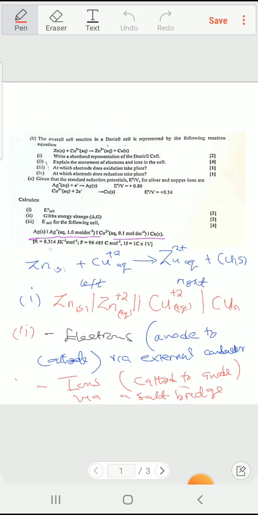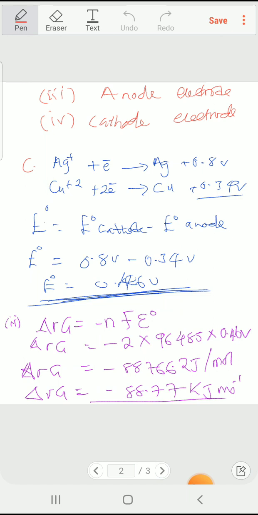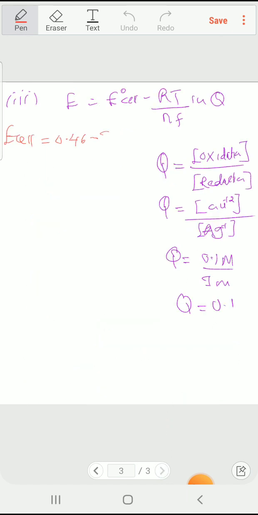Remember, it is 8.314. So I'm just going to write the same one, 8.314, times the temperature. What is the temperature that I've been given? It is 298.